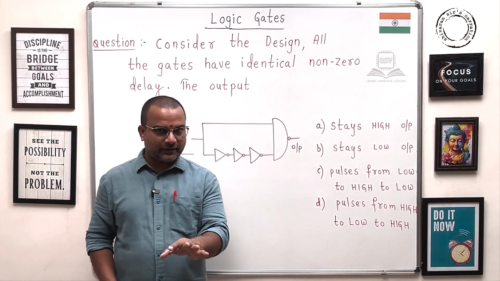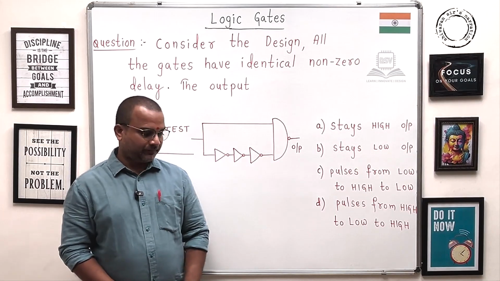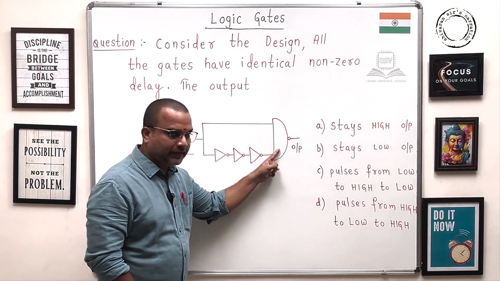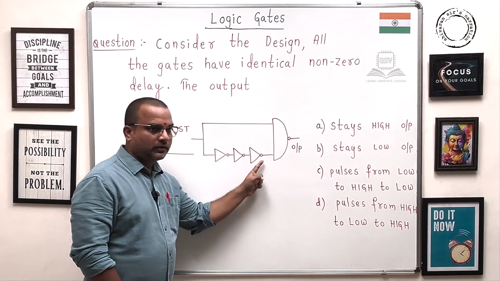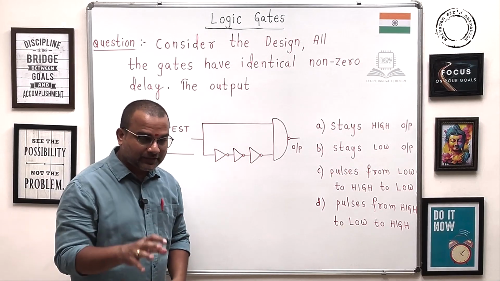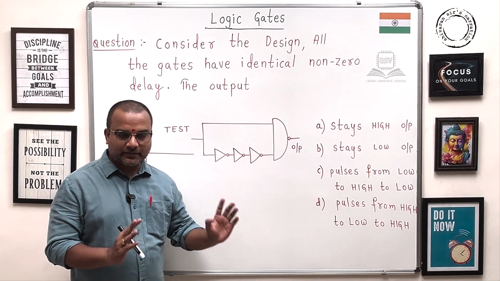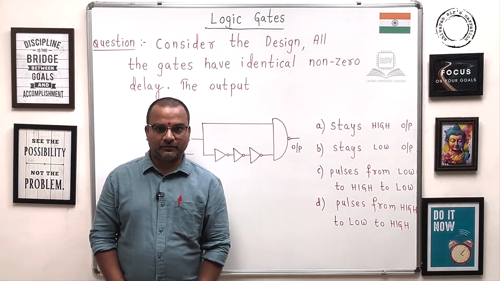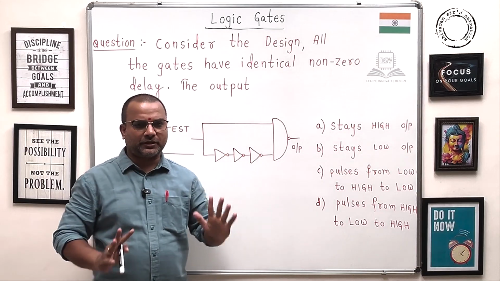Okay guys, let's have another design challenge in terms of propagation delay. Guys, here, this is the given design. There is a NAND gate and two NOT gates, also called inverters. The twist in this design is that they said there is a propagation delay, but they haven't mentioned it. They said some non-zero propagation delay.